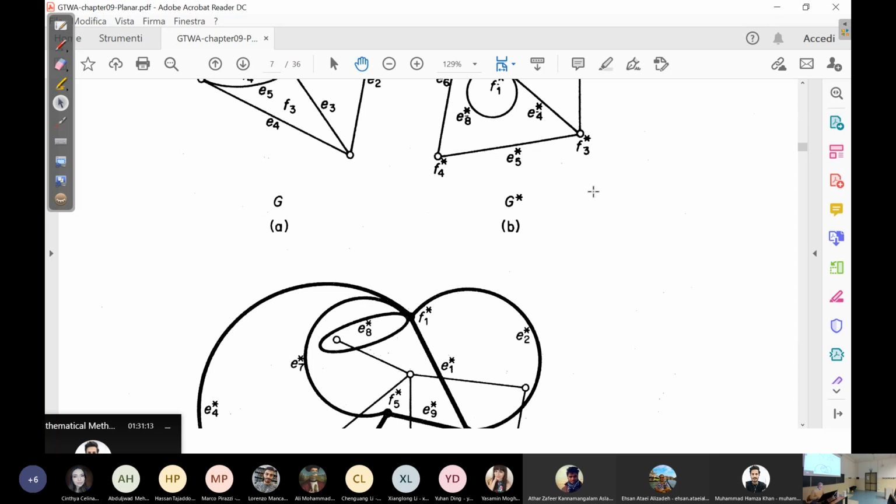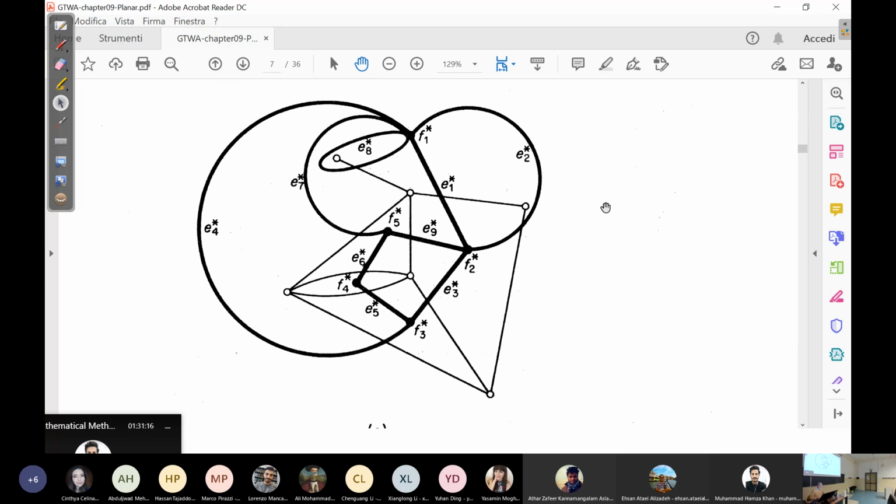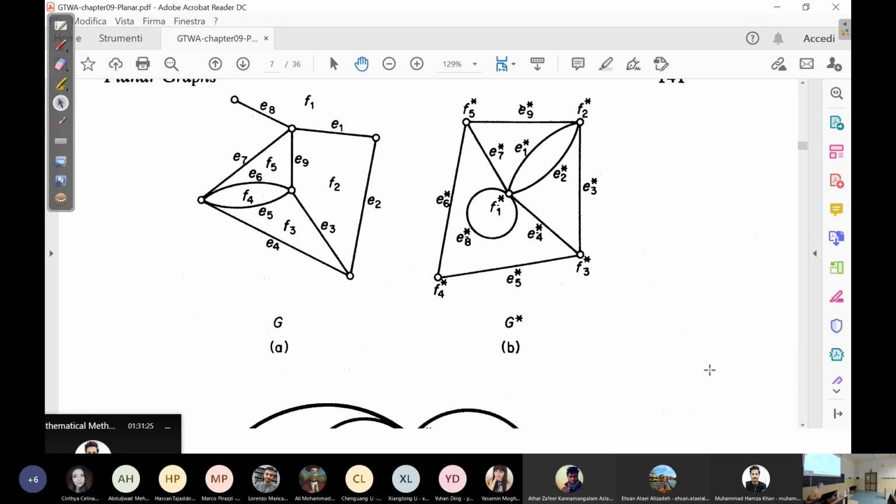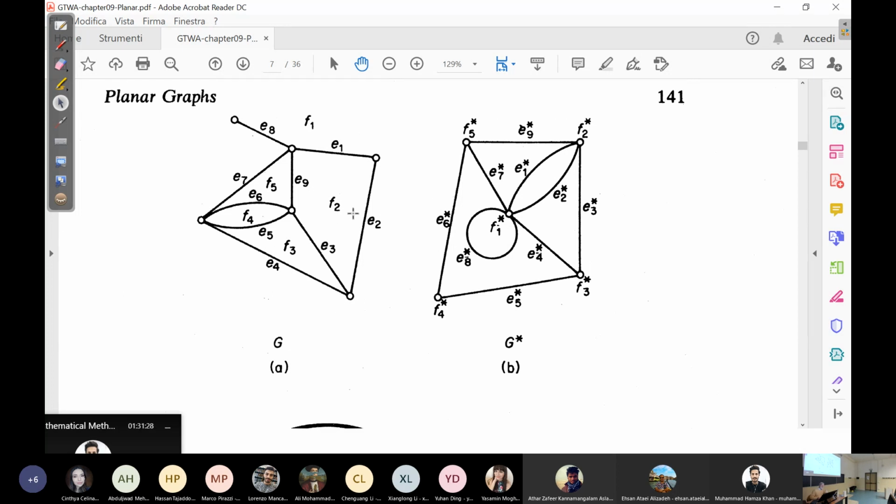There is a nice thing, which is that you can actually easily draw one upon the other by thinking, as at the beginning, of these as regions in a political map, picking the capital town in each of the regions, and joining them by an edge for each edge of the boundary.